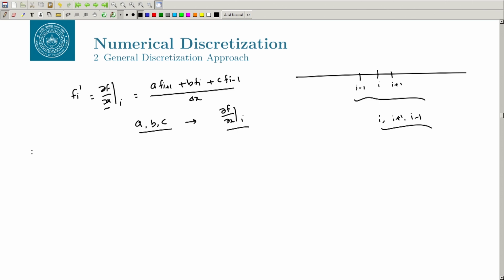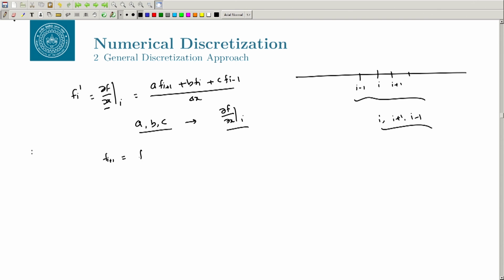If let us say you have more points, let us say you want to take i plus 2 also, you might want to add D f i plus 2, and then you have to find out A, B, C and D, all of these, right. So, right now we are just finding A, B and C. Now, you expand f i plus 1, this is also Taylor series only, but it is a more general approach.